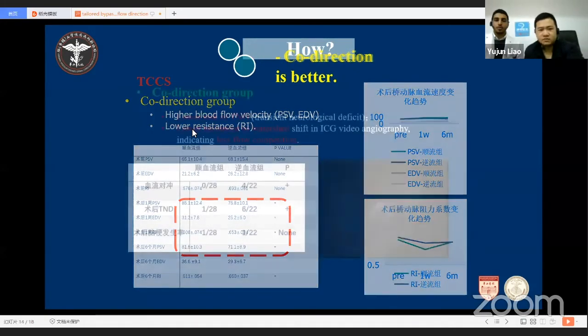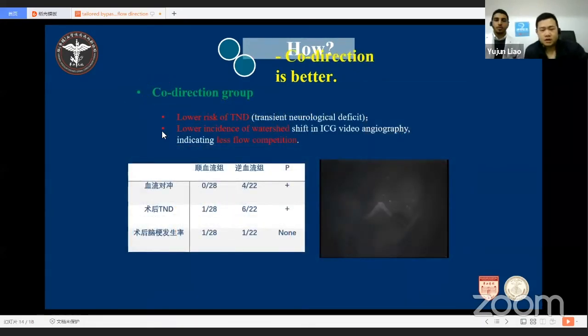So the co-direction group will have a lower risk of transient neurological deficit and a lower incidence of watershed shift in the ICG video angiogram. We show you the angiogram from our operation.